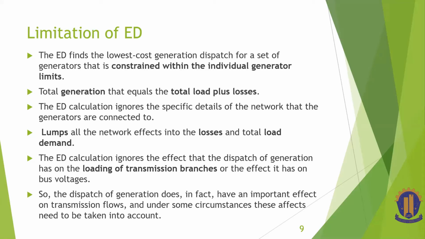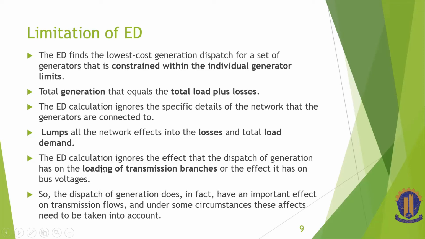We have considered incremental loss, not distributed loss as a realistic transmission line would. The ED calculation ignores the specific details of the network that the generators are connected to, and lumps all the network effects into the losses and the total load demand. The ED calculation ignores the effect that the dispatch of generation has on the loading of transmission branches, or the effect it has on bus voltage.